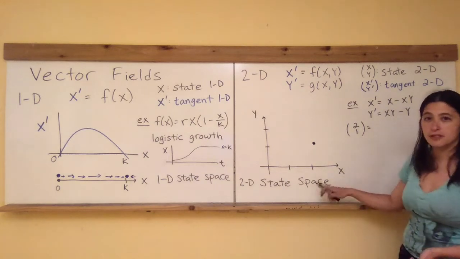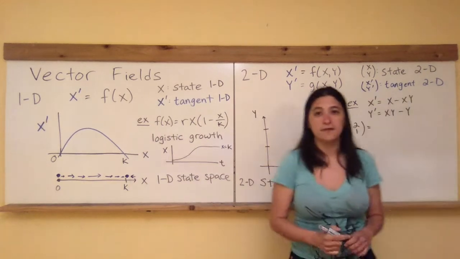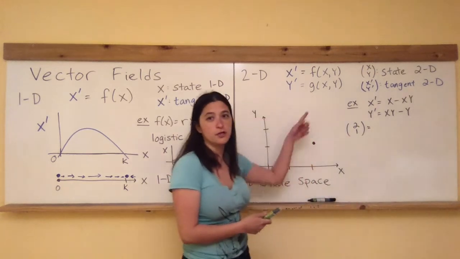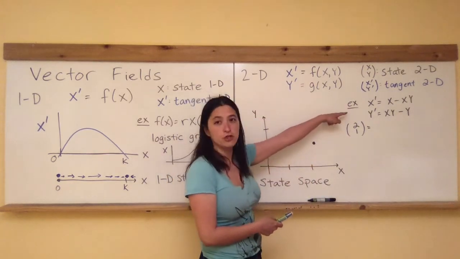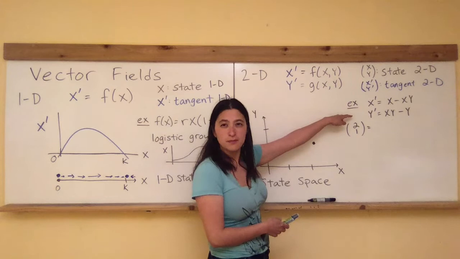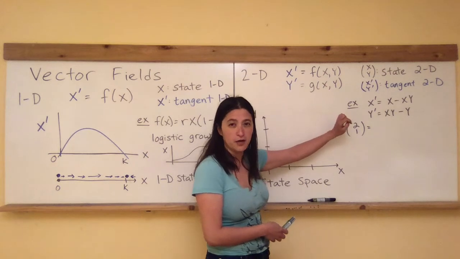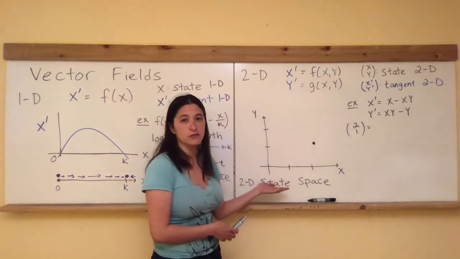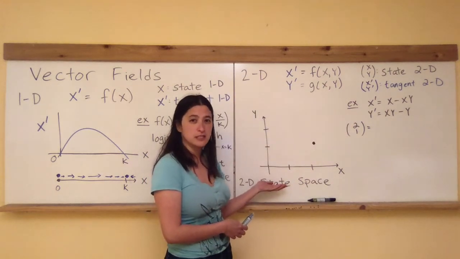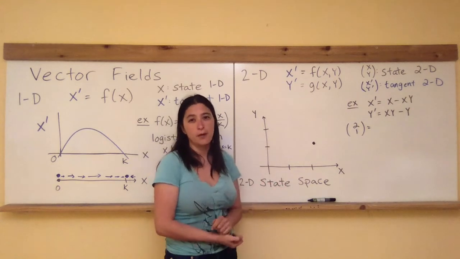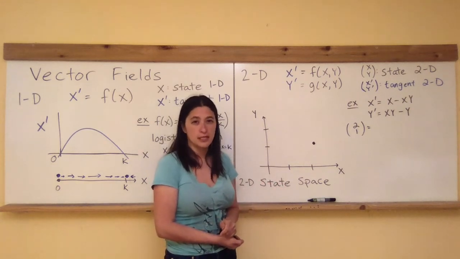Well, I'm going to have to compute that using the f of x and y and g of x and y equations that I've chosen for this example. This may look a little bit familiar. This is actually one example of a predator-prey model, which is why I've chosen to focus on just the first quadrant, because in ecological models, oftentimes we're considering the states are populations, and those cannot be negative.